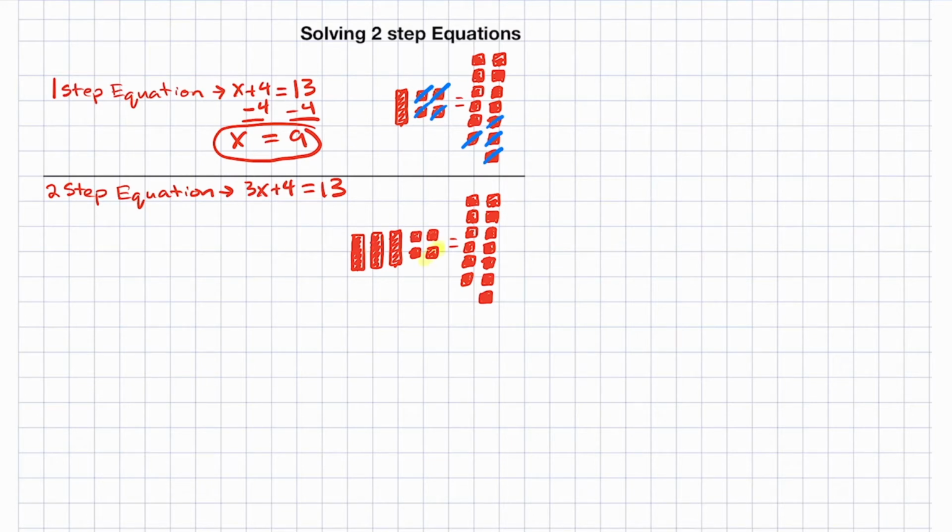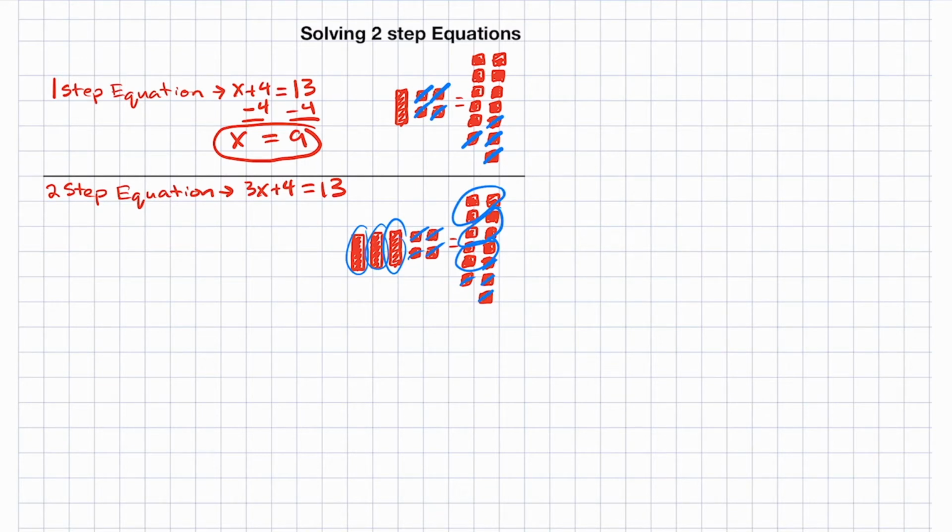It doesn't really work. So instead, we would see that we would have to subtract the 4 first. 1, 2, 3, 4, 1, 2, 3, 4. Then we could split into 3 groups. And so I could split this into 3 groups, seeing that each x equals 3. Okay, so that can show us visually why we're going to choose the correct operation to do.